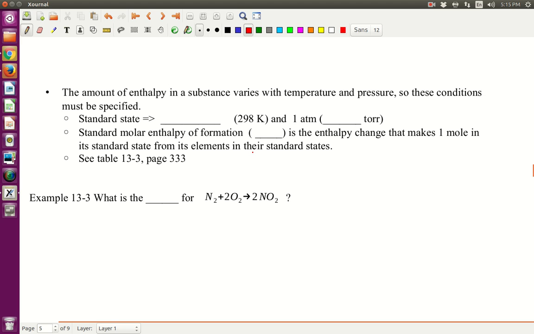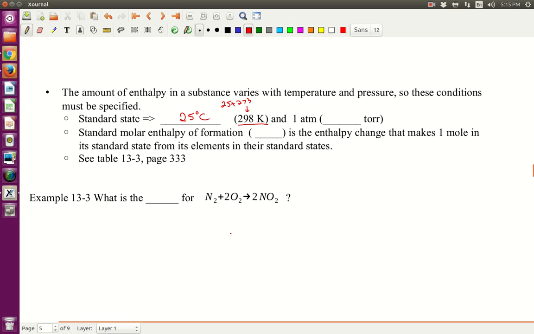All right, the amount of enthalpy in a substance varies with temperature and pressure, so these conditions can be specified. We have to talk about now what the standard state is, and it's defined as 25 degrees Celsius or 298 kelvins, because remember, to get to kelvins you have to add 273. It's 25 plus 273 is 298.